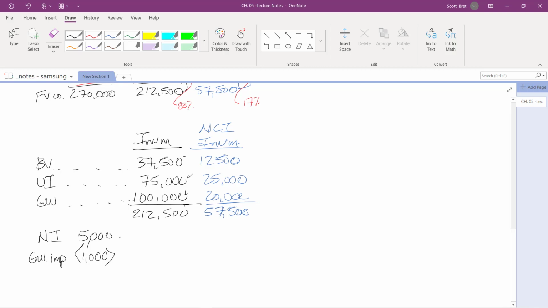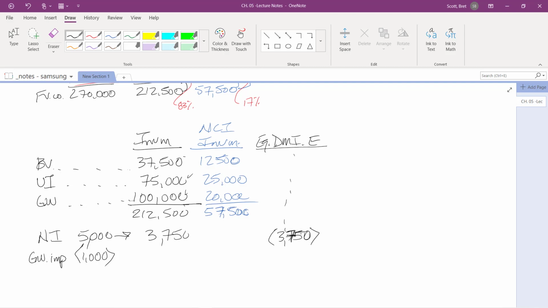Well, the net income I'm entitled to is 75% worth. So in this case, I debit 3750. The credit would go to the equity in the subsidiary's earnings. So down below, I would have a credit of 3750, and that would increase my overall net income on my individual Beerbow income statement.